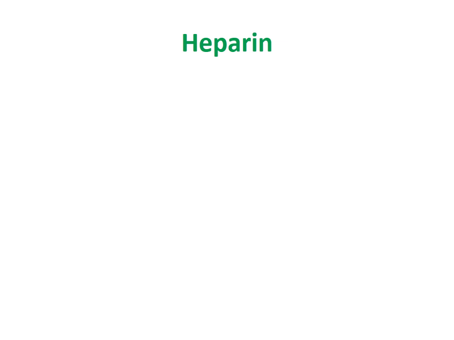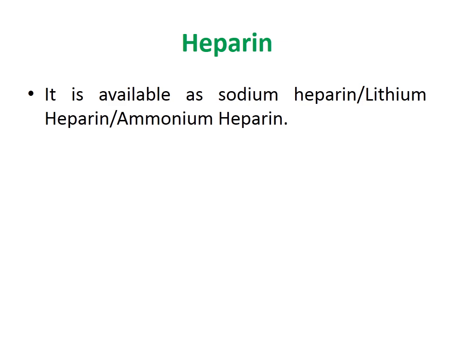Let us check each of the anticoagulants that are used in the laboratory with their mechanism of action, uses and disadvantages. To start with heparin, it is the physiological anticoagulant of the human system. It is available as sodium, lithium or ammonium salts.